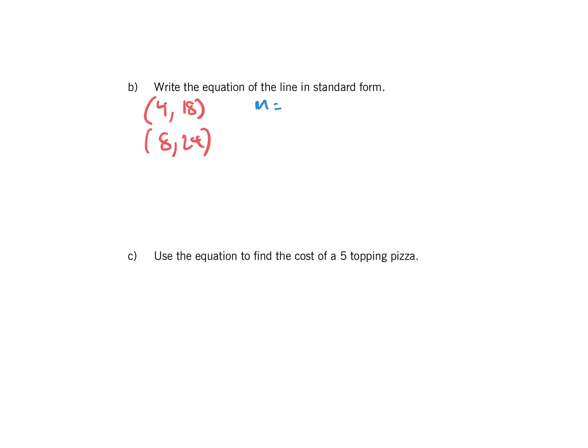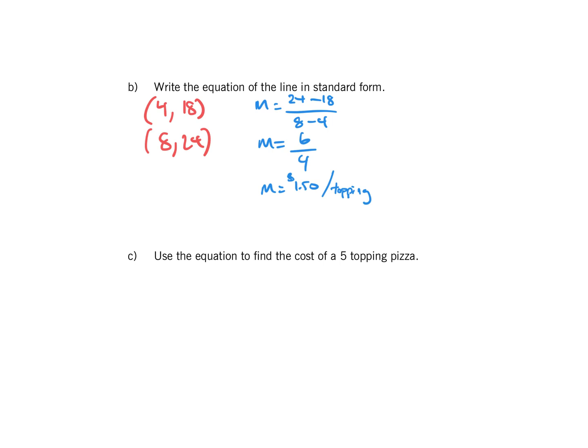M is 24 minus 18 over 8 minus 4, 6 over 4. Now we're talking about money, so we can use decimals here. We get 1.50, which basically means $1.50 per topping. That is the meaning of the slope in this question, that every topping costs $1.50.